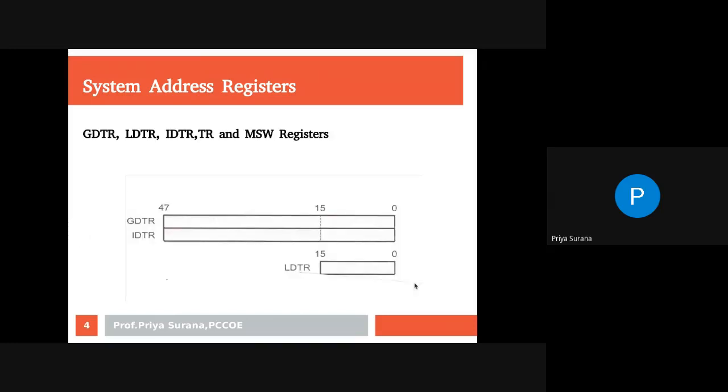Next is the size of these registers. GDTR is 48-bit, IDTR is 48-bit, LDTR size is 16-bit. Task register also has two parts, but right now GDTR and IDTR are 48-bit, and LDTR is 16-bit.